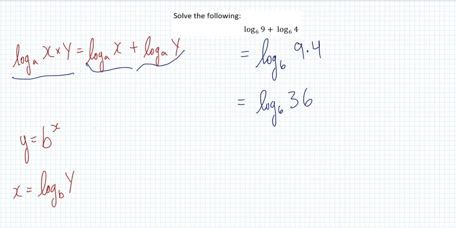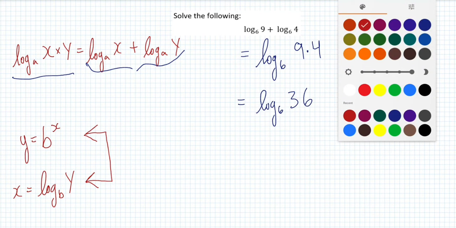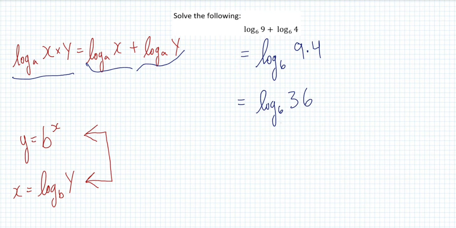So what did I just do there? I just wrote the same thing two different ways. The top way is the more traditional way, in exponential form. The bottom way is logarithmic form.